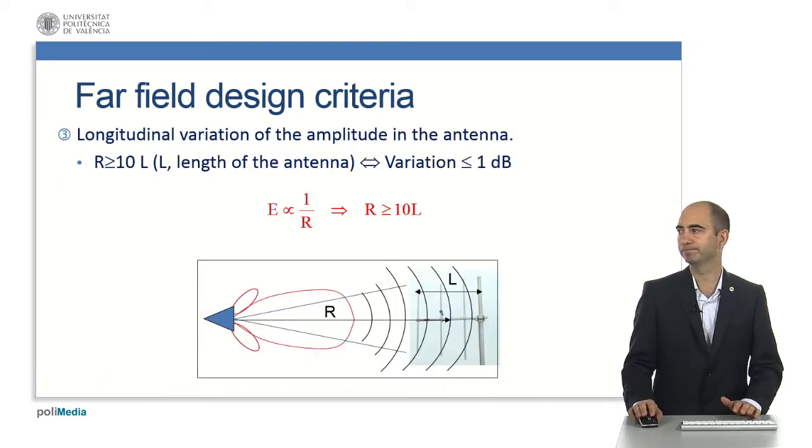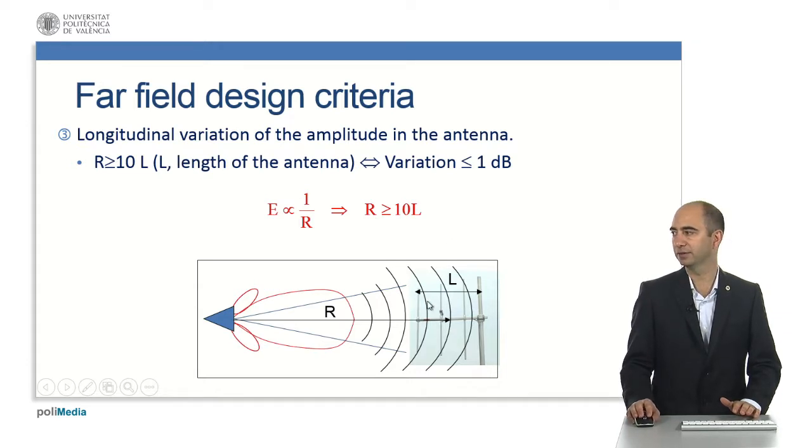The third criterion is the longitudinal variation of the amplitude in the antenna under test. This is important for long antennas. In this case, you can see in the figure that the amplitude of the field in this place should be the same as the amplitude of the field here. If the antenna is very long with respect to the radial distance, maybe you are not accomplishing this criterion.